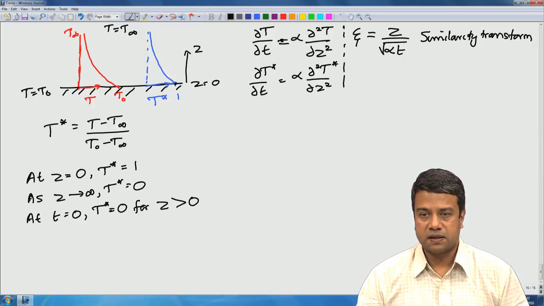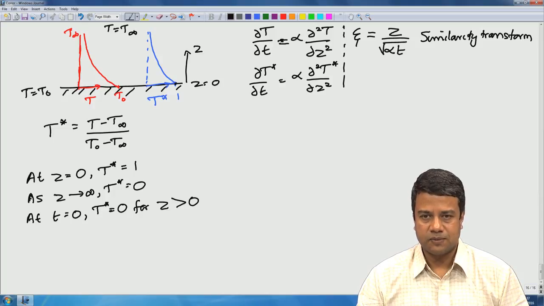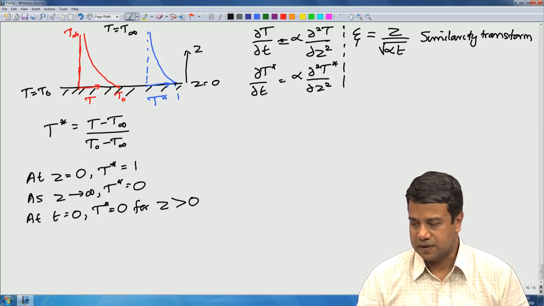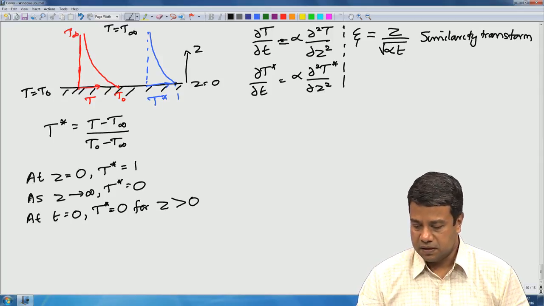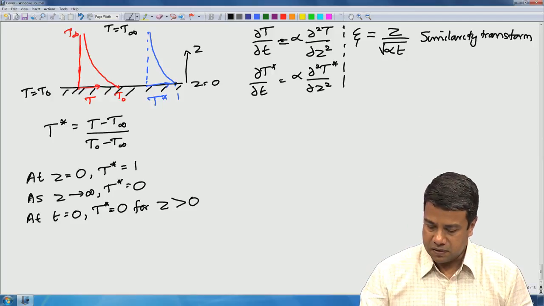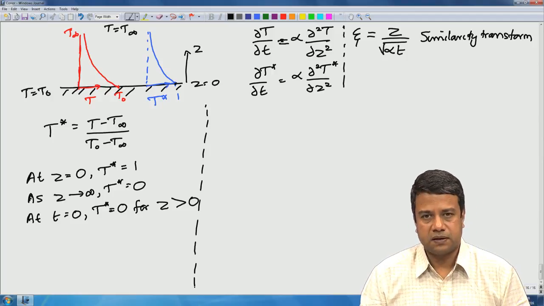This physical insight in the present case is the realization that because there is a deficit of dimensional variables, we can reduce the length and the time coordinates to just one dimensionless variable. And if what I have done is correct, the equation that I get should be only a function of psi, it should not individually be a function of z and t. So, how do I do this reduction?